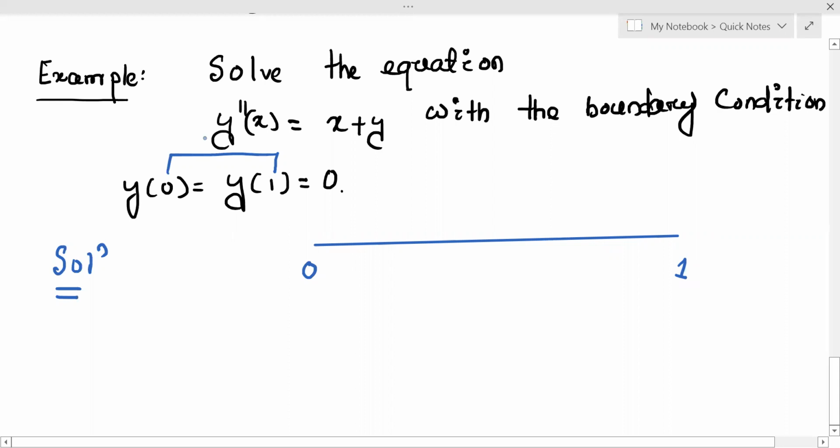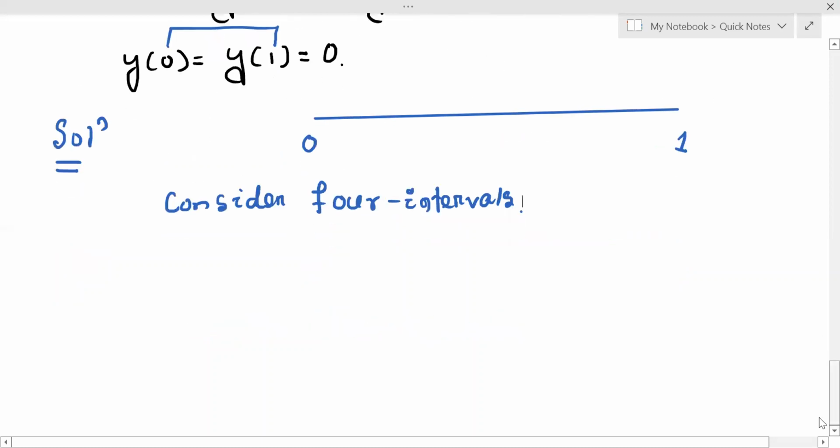Consider 4 intervals. Then we find the h value, and h is equal to 1 by 4 in step size.